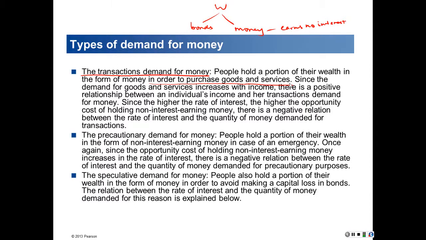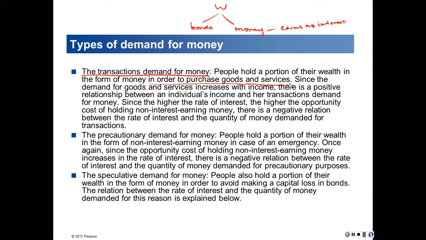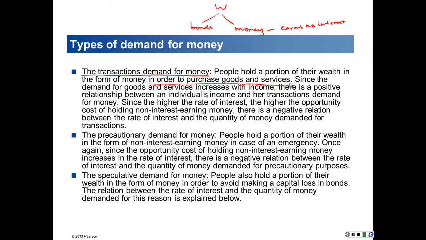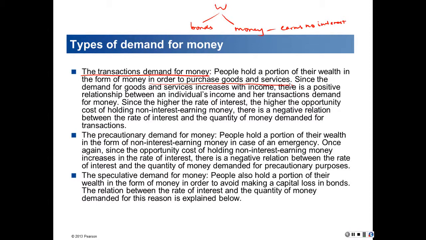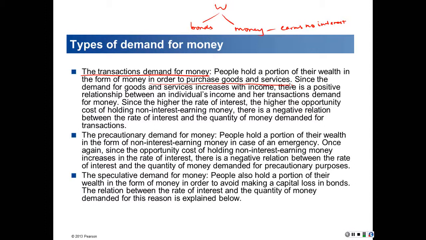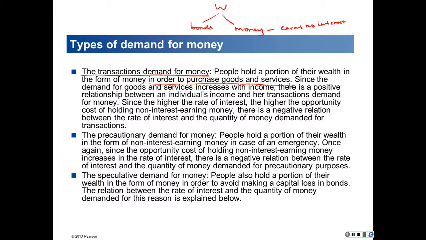Money was invented in order for us to circumvent the problem of the double coincidence of wants of a barter economy, if you recall. Right? Money makes economic exchanges easier. So we hold a part of our wealth in the form of non-interest earning money simply so we can go shopping. That's called the transactions demand for money. Right?